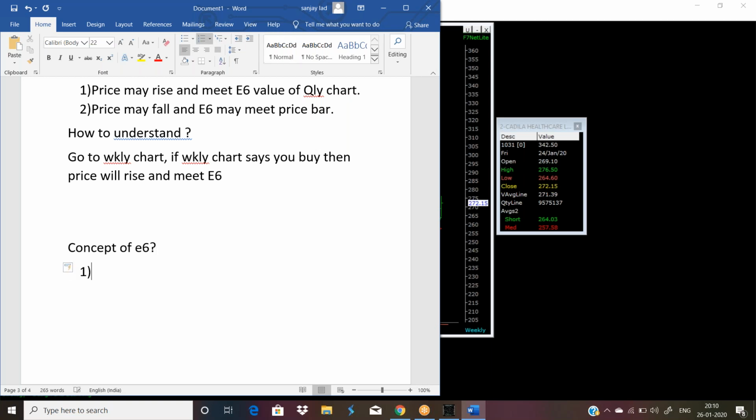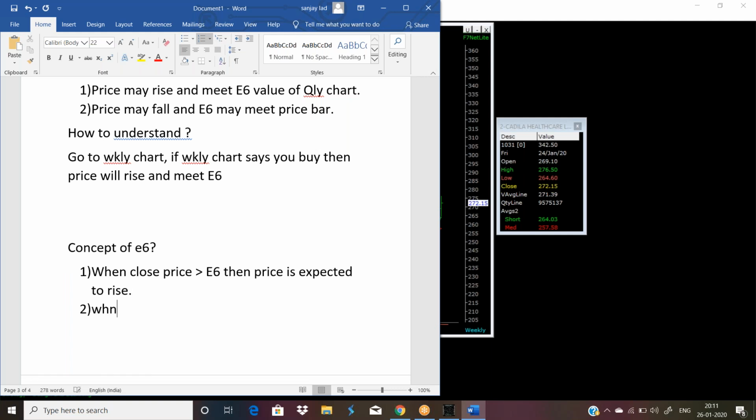One, when close price is greater than E6, then price is expected to rise.